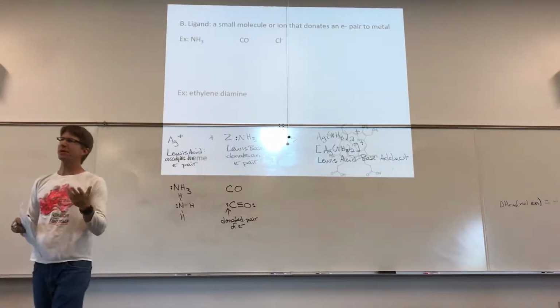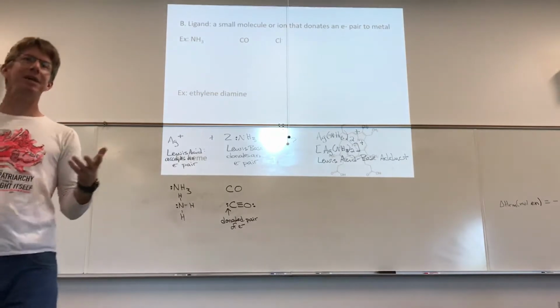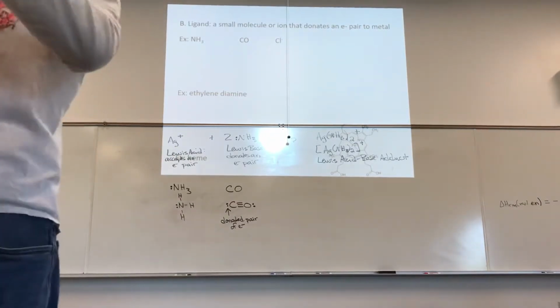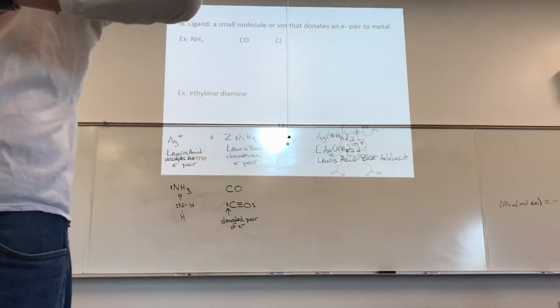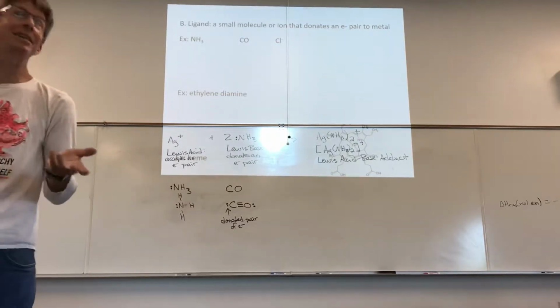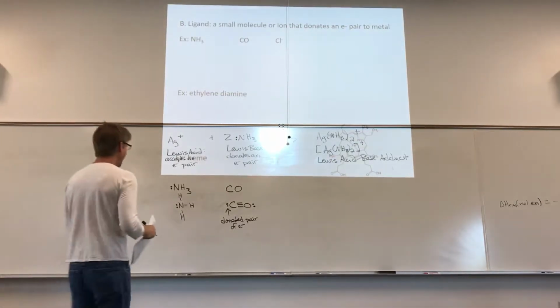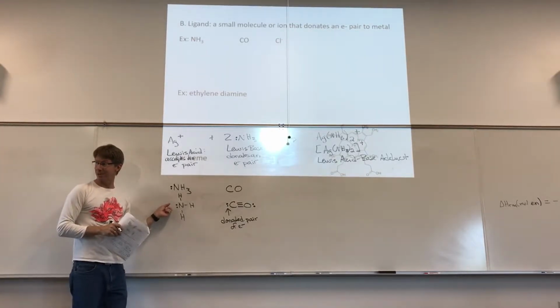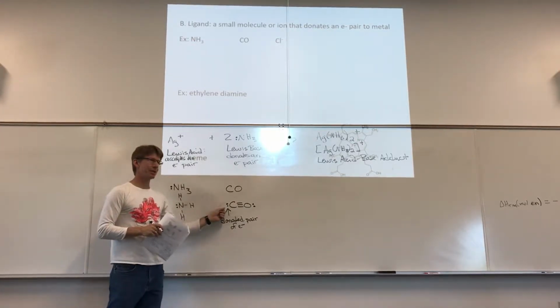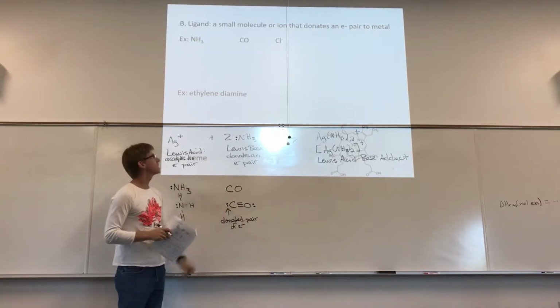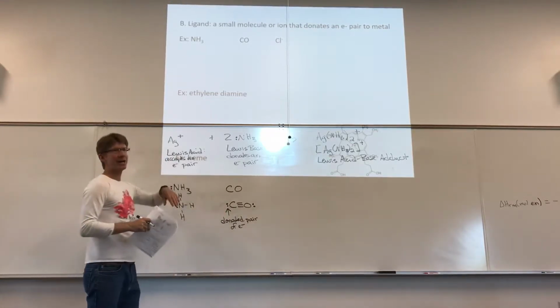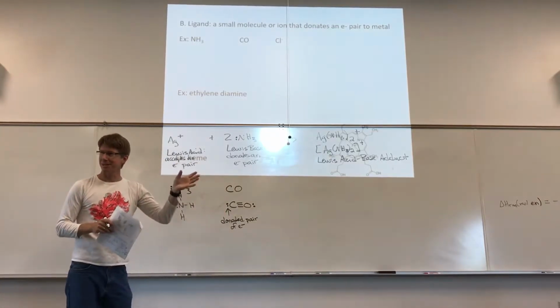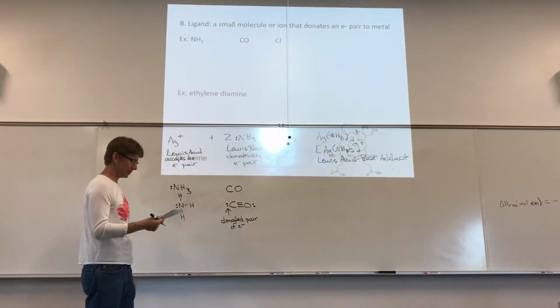So when you see pictures that have carbon monoxide as the ligand, you will see the carbon closer to the metal ion. That's because that is the pair of electrons. For ammonia, it's pretty easy because there's only one pair of electrons that is not participating in a bond. Carbon monoxide is the carbon. For Cl minus, there are 4 pairs of electrons. It doesn't matter, just one of them.